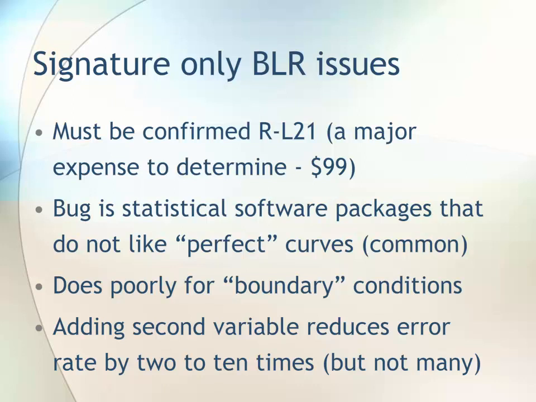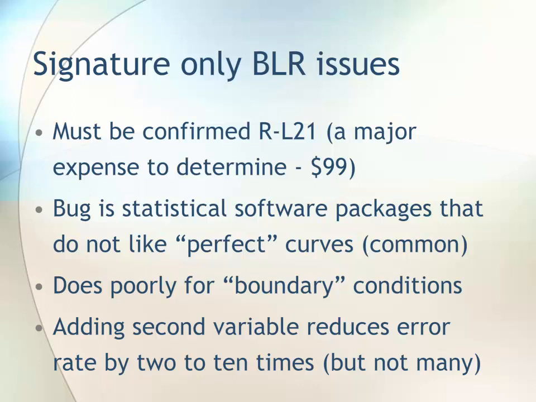Also, there's a bug in all statistical software packages that do not like perfect curves. The way these regression formulas work, if it's a perfect curve, it can't arrive at the constants because it's too perfect.